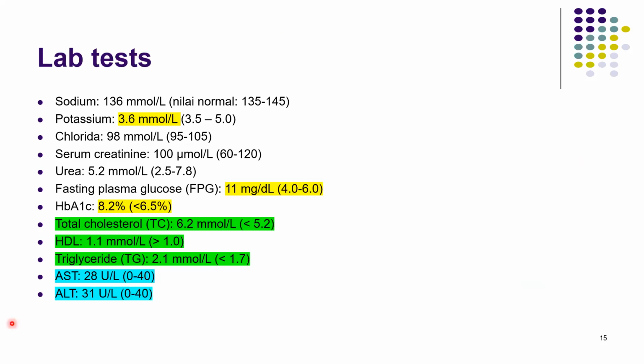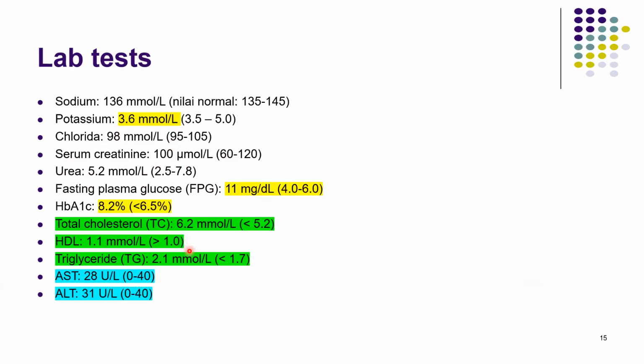Okay, for the lab test: sodium normal, potassium a bit low, chloride normal, serum creatinine normal, urea, fasting plasma glucose is high, A1C is high, total cholesterol 6.2, and we want it to be less than 5.2.